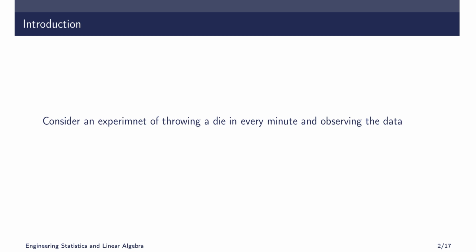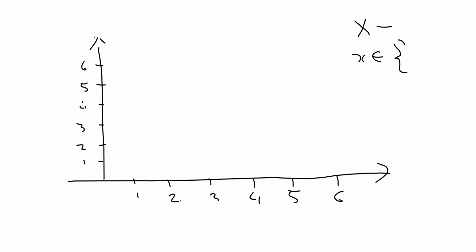Now if I do this experiment every minute and observe the data, I can draw a graph like this one, with the time axis on the x-axis and the outcomes on the y-axis. For example, at time t equal to 1, you got 4 as the outcome.